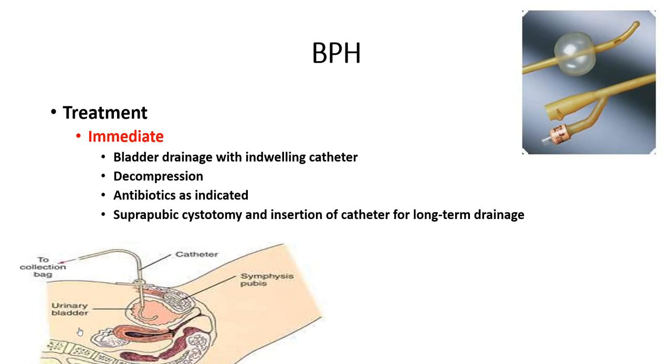output. You may also see an order for Flomax or Tamsulosin. Flomax, what that does is that it relaxes the muscles of the bladder, the urinary tract system.